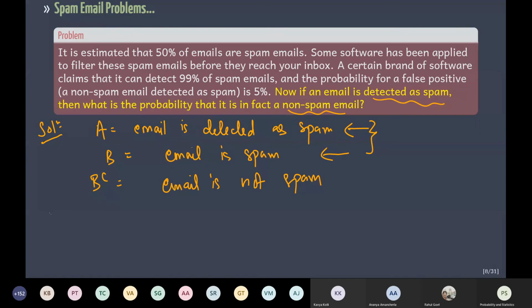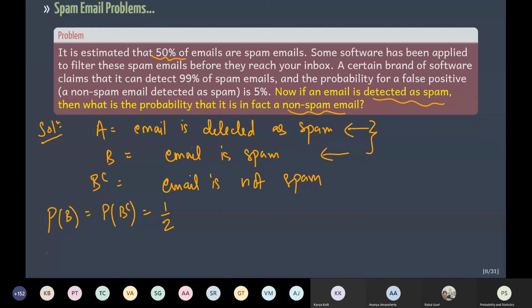So what is the probability of B? The probability of B, and also the probability of B complement, will be half, because 50% of the emails are spam. So it's a 50% possibility whether an email is spam or not.